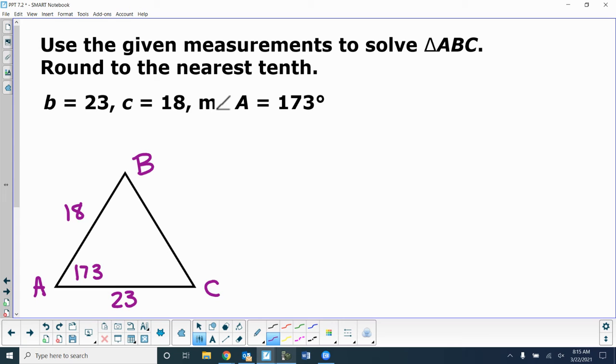That squared. What's that squared? Minus 2 times that times that, cosine of that. Put it all in the calculator and take the square root.